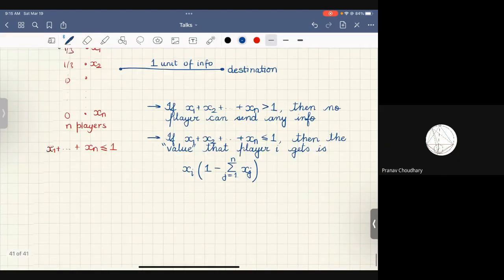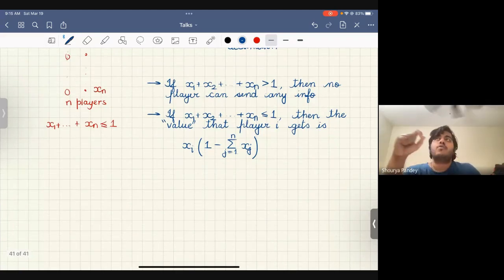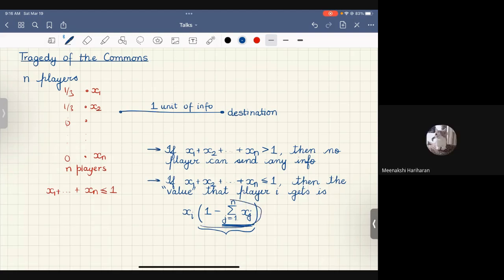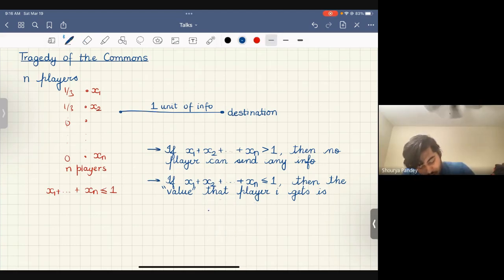So player i is able to send xi units of information, but it comes at a cost: since the channel is carrying so much data, its speed reduces as the amount of information it needs to carry increases. Wait, why is the net amount of information carried by the player not 1 by 9? What would that mean exactly?